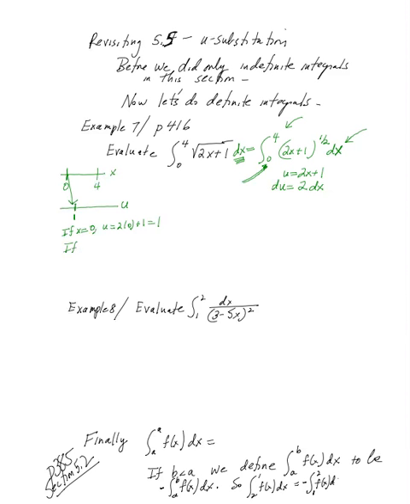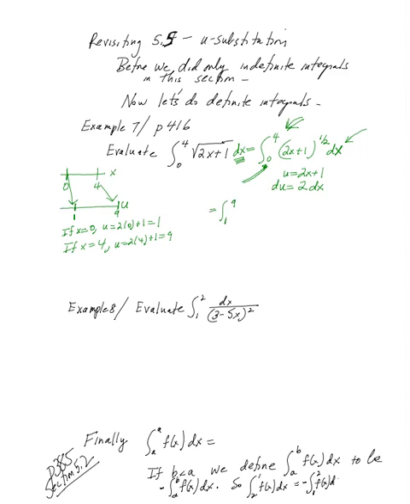If x is 4, u is 2 times 4 plus 1, or 9. The interval from 0 to 4 on the x-axis is the interval from 1 to 9 on the u-axis. So my definite integral is the integral from not 0 to 4 anymore, but from 1 to 9.